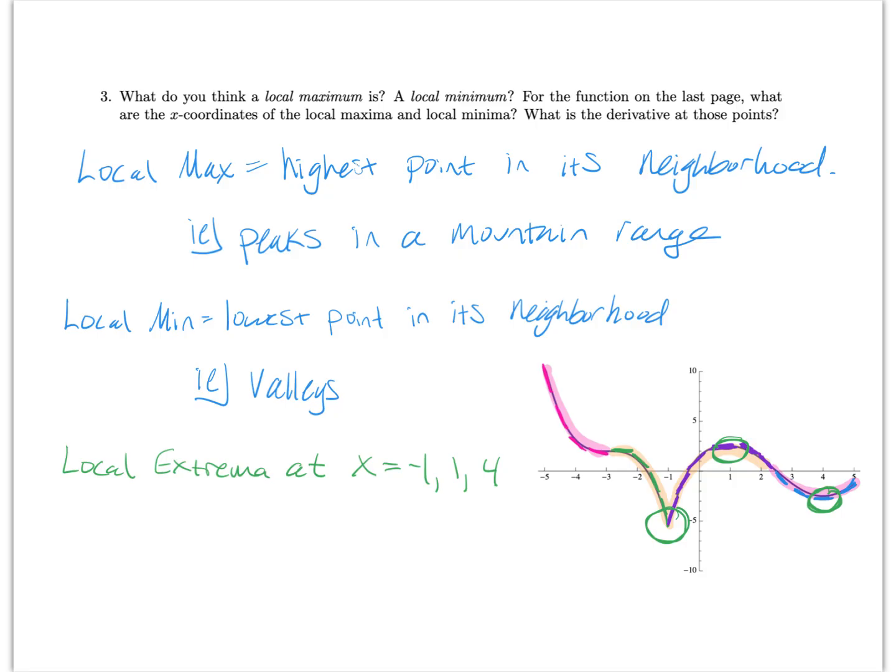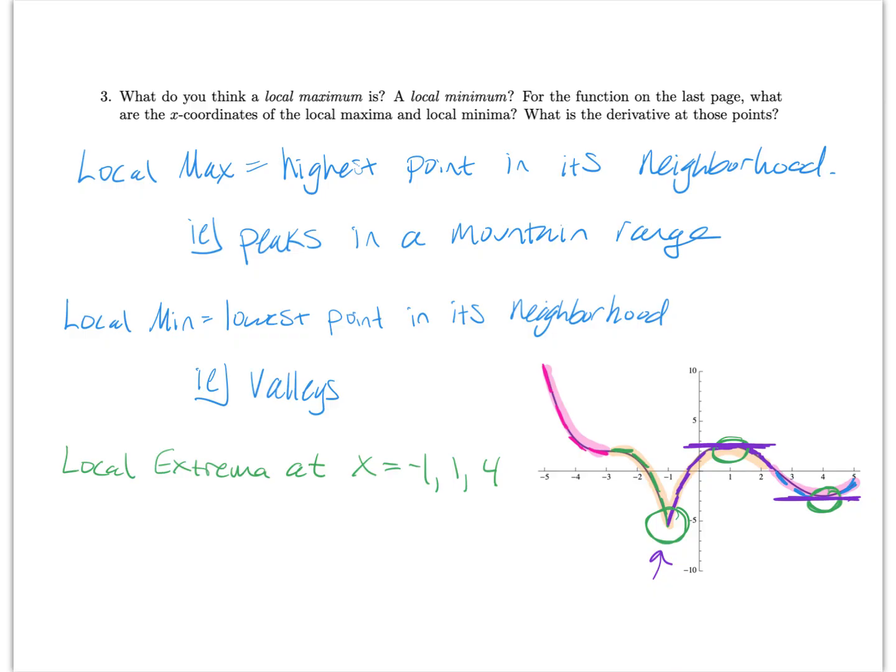And at 2 of those, the tangent line is horizontal. So if I draw a tangent line at this local max and at this local min, they're horizontal, which means the derivative is 0 because the slope of a horizontal line is 0. And then at one of them, we have this sharp corner, and that's a place where the derivative is undefined.